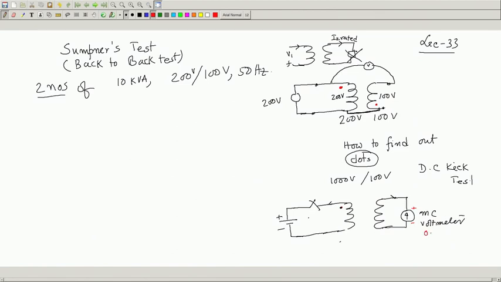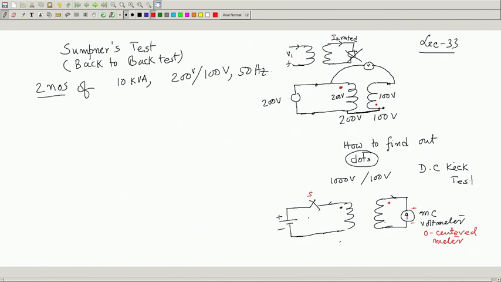So, you take a zero centered meter. You close this switch, there will be a deflection in the moving coil voltmeter for a short duration, and steady state will soon be reached. If it gives positive deflection, you are sure this is also dot. If it gives negative, then if this is dot, the other is dot.